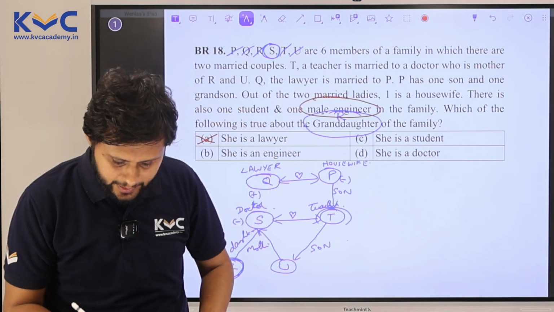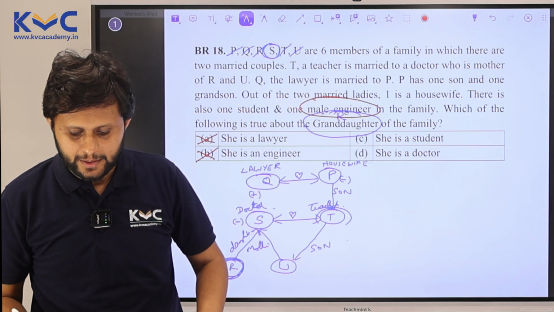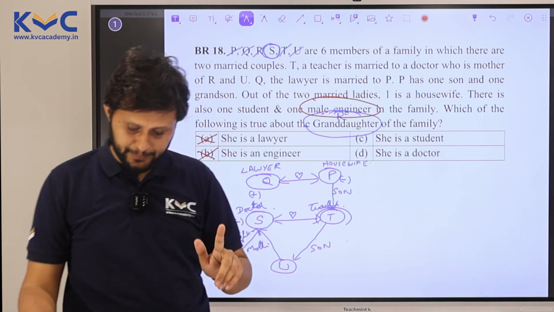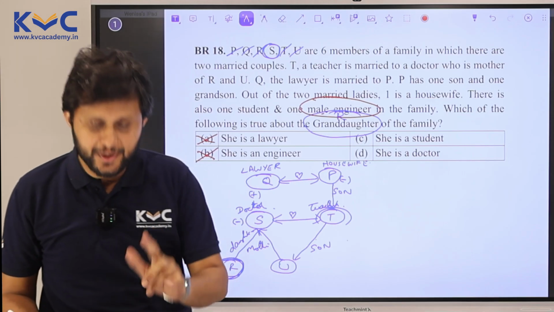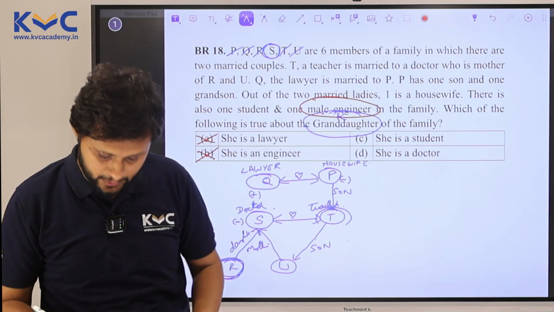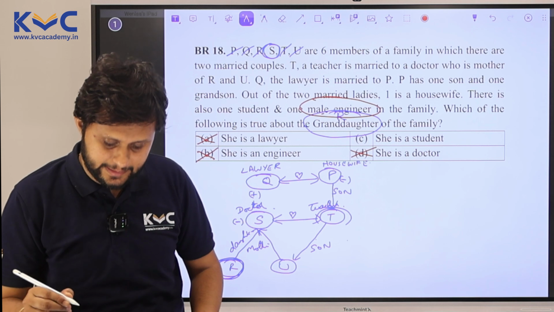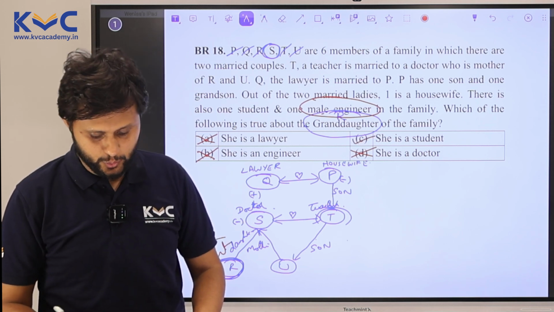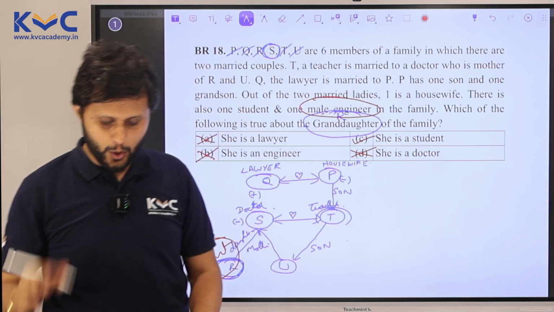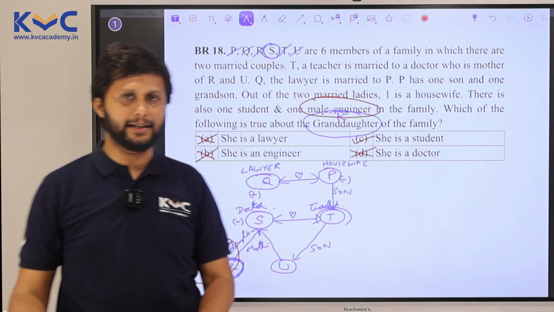There is male engineer, right? So engineer is also wrong. Option C, she is a student. Very much a possibility. But before that, we'll go to option D. Option D, she is a doctor. Doctor is who? Doctor is S. So what's remaining? C, which is a student. Option C, student is the right answer.